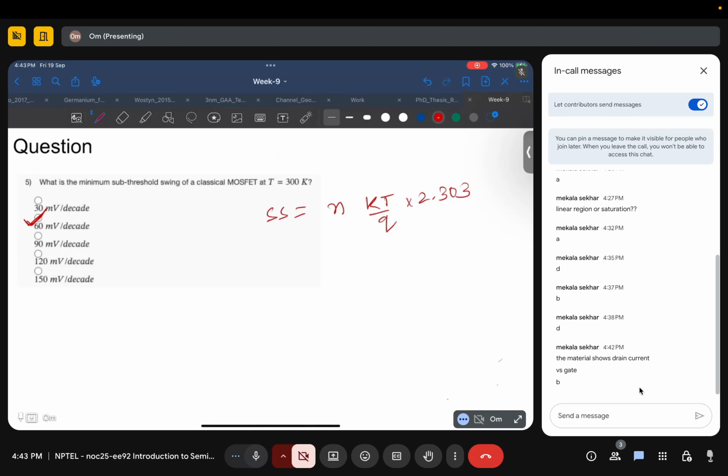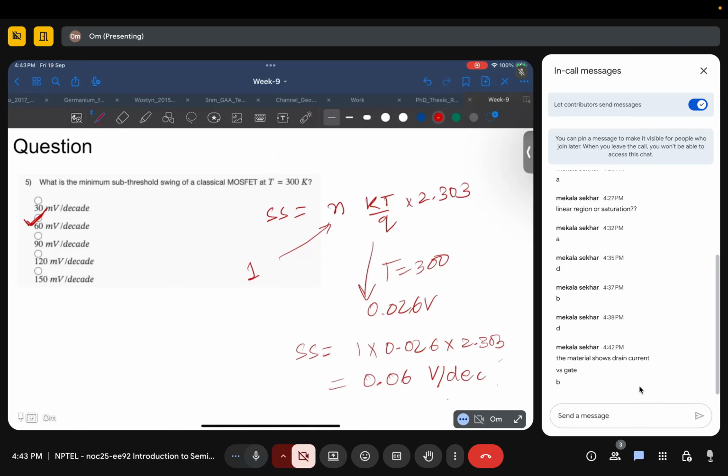So the minimum value of this n is 1 at T equals to 300. So SS comes out to be 60 millivolt per decade.